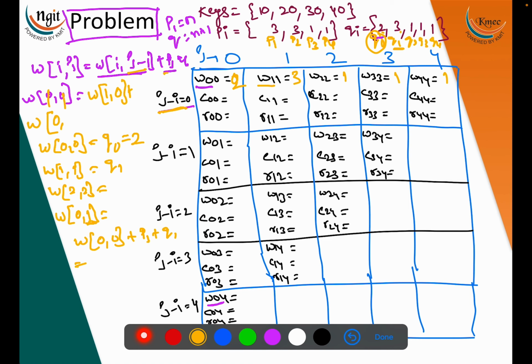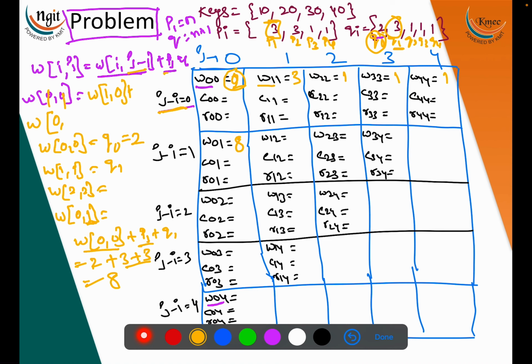What is W00? W00 is 2. Substitute 2. P1 is 3. Substitute 3. Q1 is 3. Keep 3. And 3 plus 3 is 6, plus 2 is 8. So the W01 value is 8.